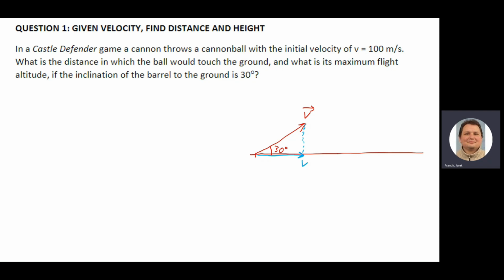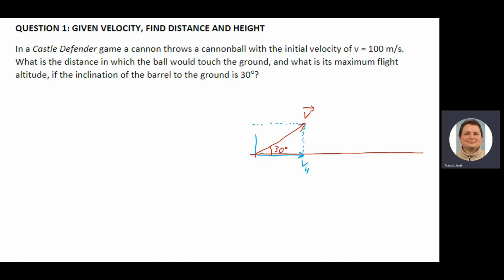I used two different styles of calling this variable. It could be either V with the index X, okay, as the direction, velocity in X direction, or just horizontal, okay? Whatever you use, it just cannot be just V, because it would be very confusing. Okay, so this is my horizontal velocity, and I will now try to draw my vertical velocity.